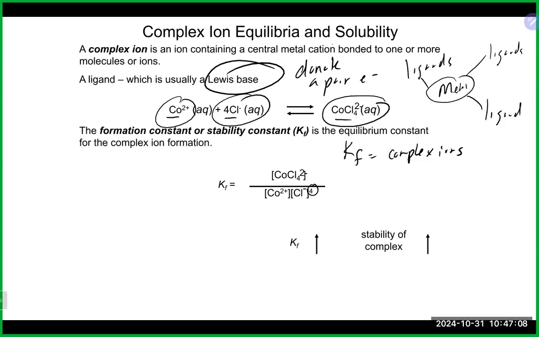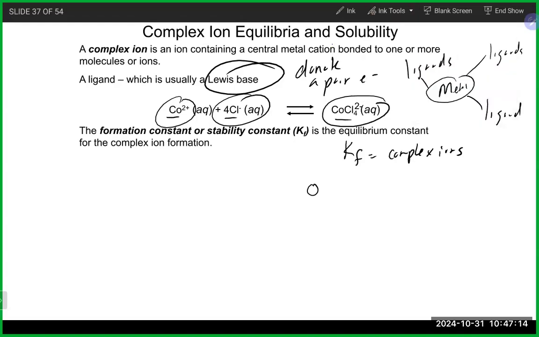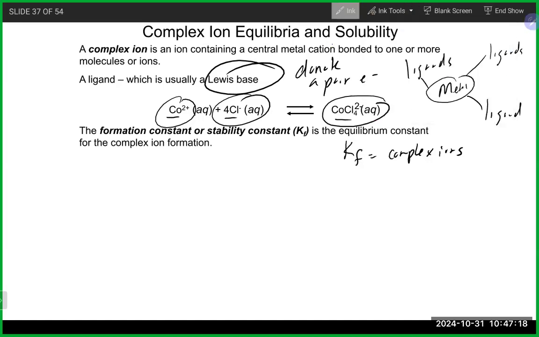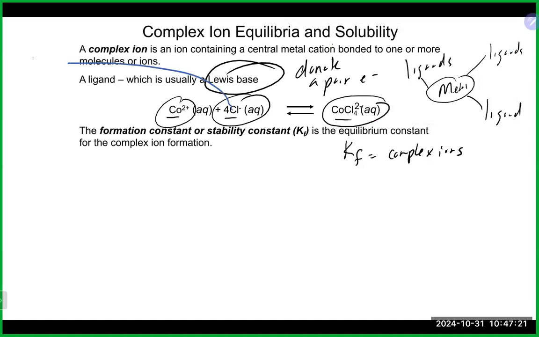Now, these ligands actually come on one at a time. Although we're adding 4 ligands here, and in this case it is the chloride, that's our ligand, our Lewis base, they do come on in a stepwise fashion.